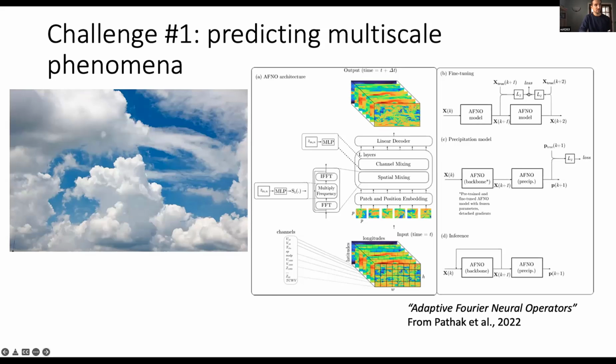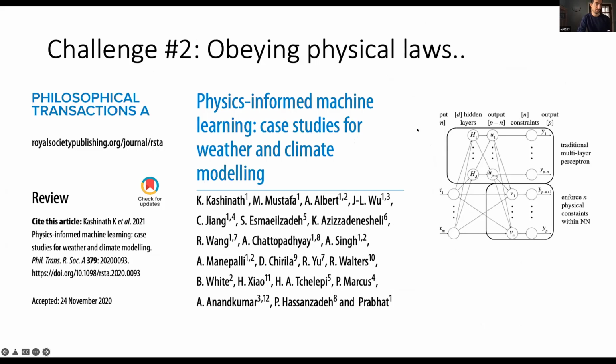A second challenge of using machine learning for emulating climate problems is that they learn from data, but they do not easily learn the laws, the equations behind the data.